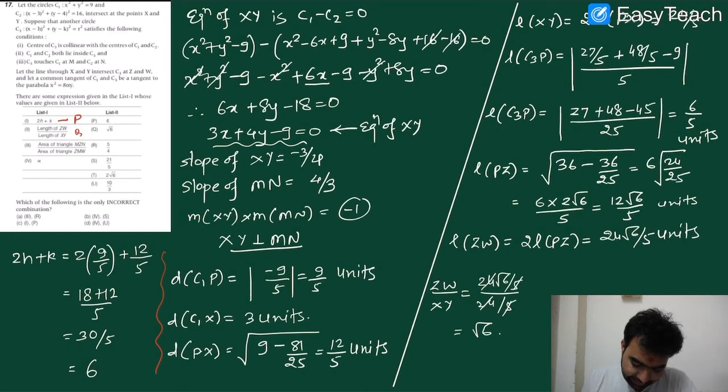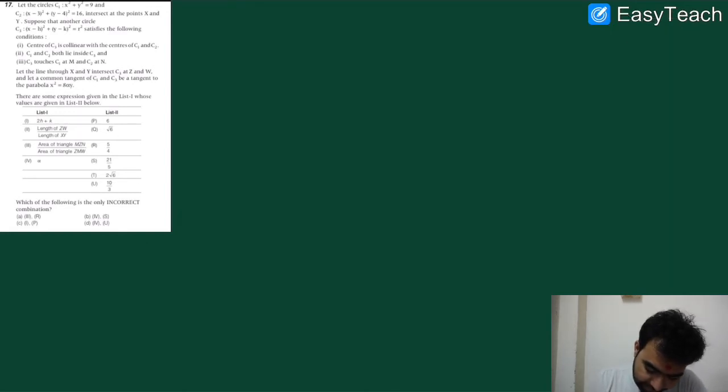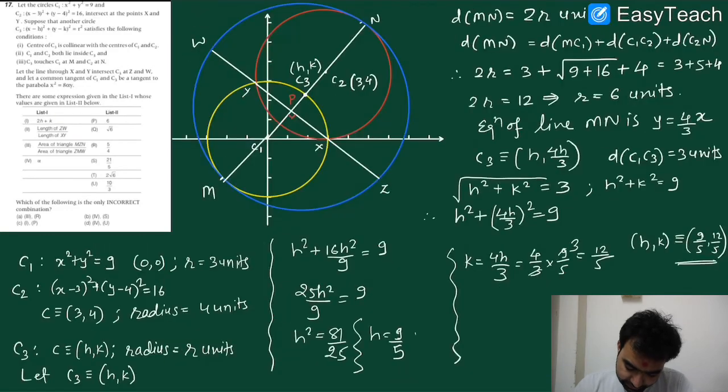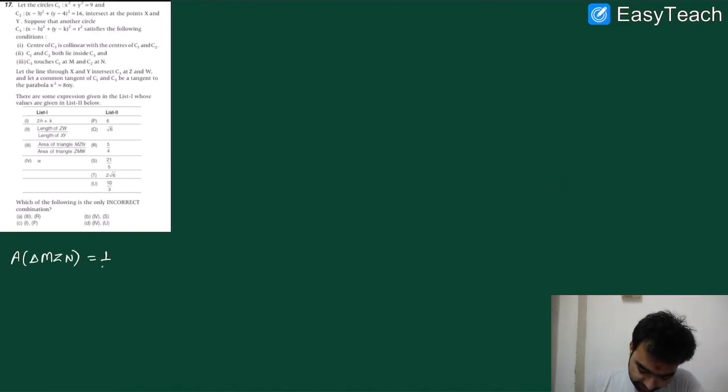Now next, area of triangle MZN. Now let us see the diagram. MZN. Okay, so we can say half into base into height. Base is MN and height is PZ. So half into base into height.